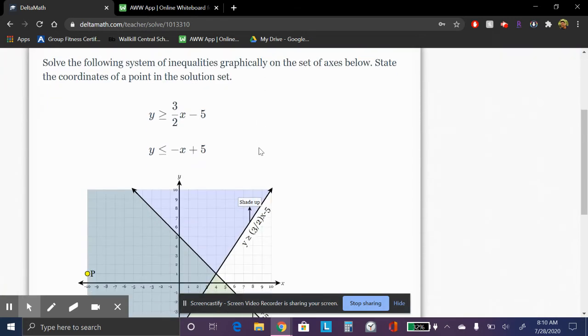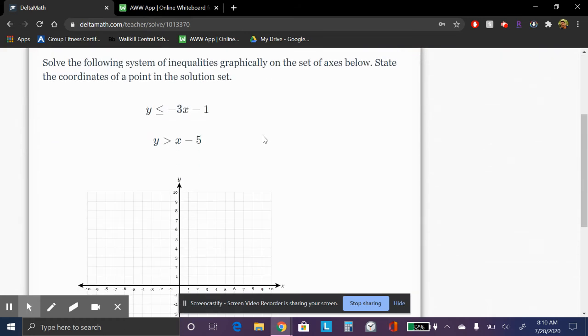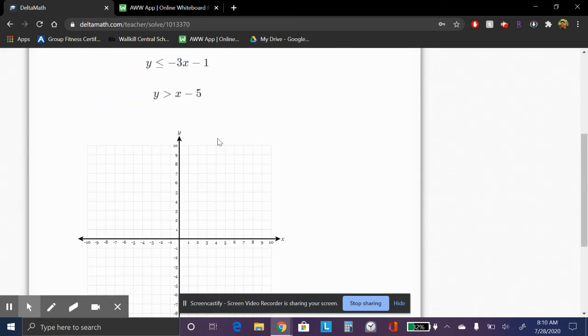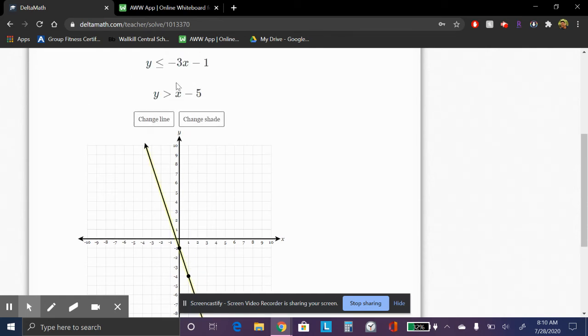All right, let's take a look at another one. Start at -1 and go down 3 to the right 1. That one is a solid line because it's equals, and it's pointing to y, so I shade below.